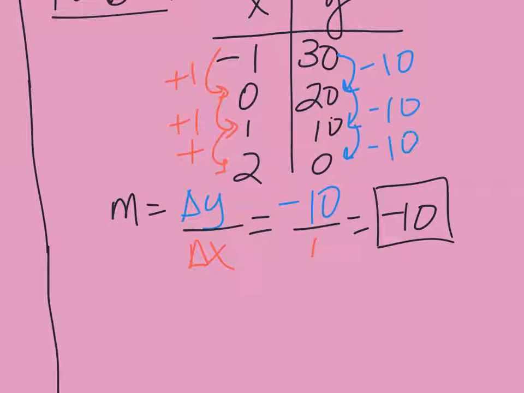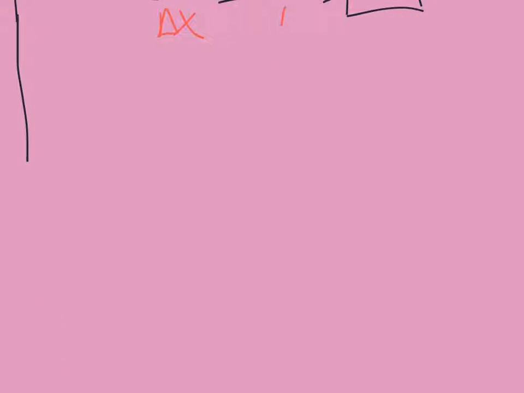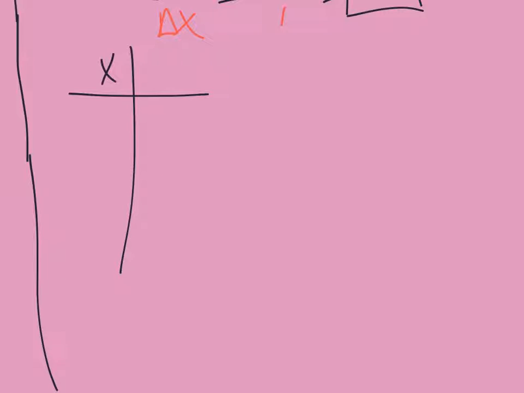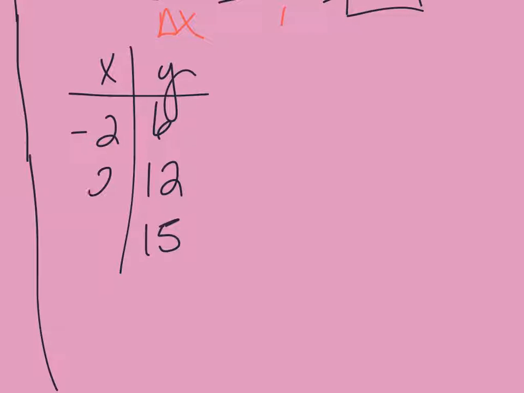So let's look at another example of a table. X and y. Okay, let's do y is 6, 12, 15, and x is -2, 2, and 4.